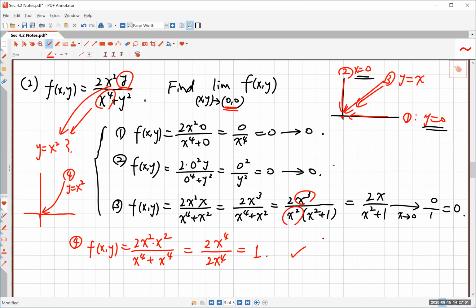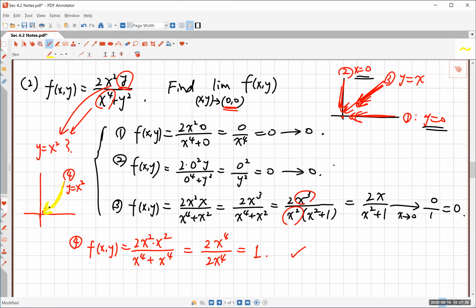So do you see what happened? If you follow path 1 or path 2 or path 3, then your value will always be equal to 0. In fact, it's constantly 0 along this way, this way, this way. And so you may be tempted to think that the limit is equal to 0 until you try to find another path. And so here's my path, the yellow brick path.